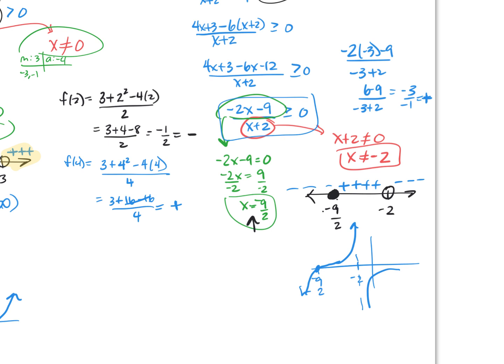Does that look about right? There's my negative 4.5, right? To the left of it, it's negative. To the right, it's going positive until we hit negative 2, and then everything's negative. You see it? So use your graph to help yourself.